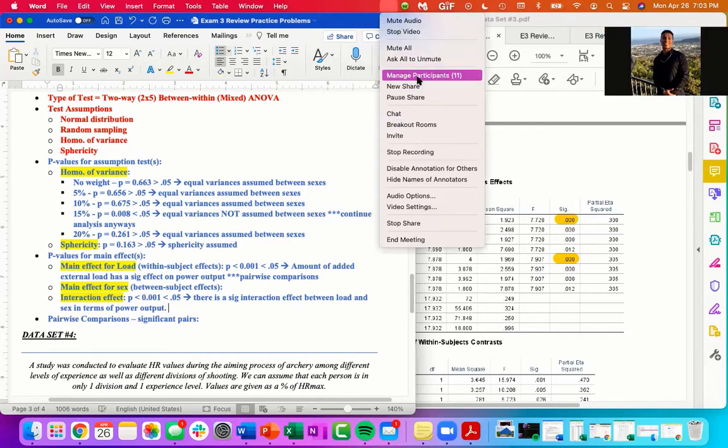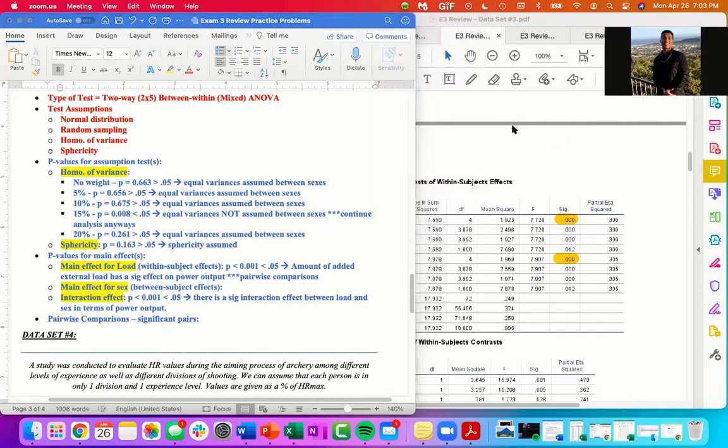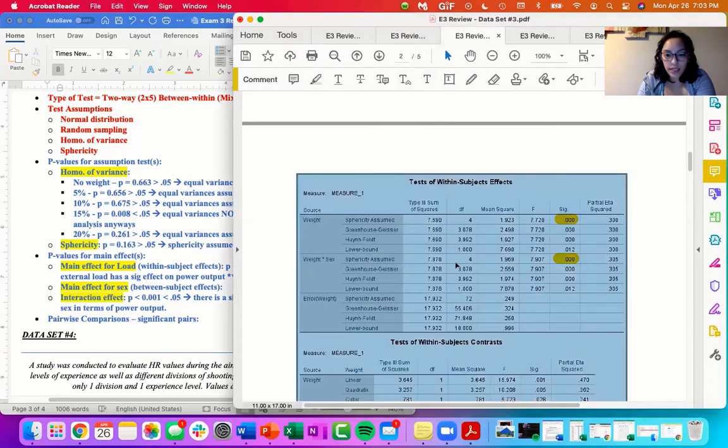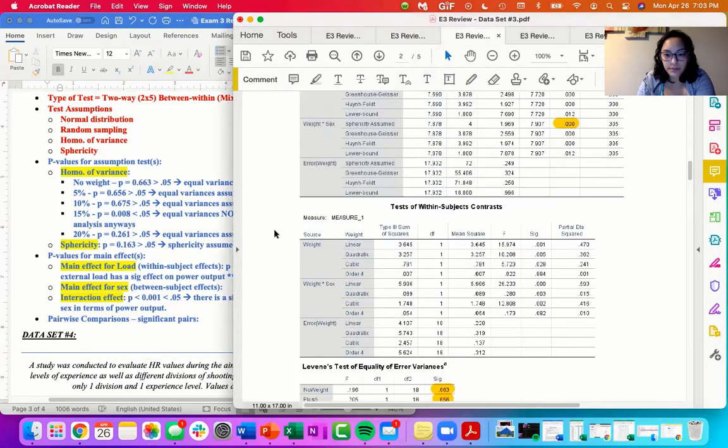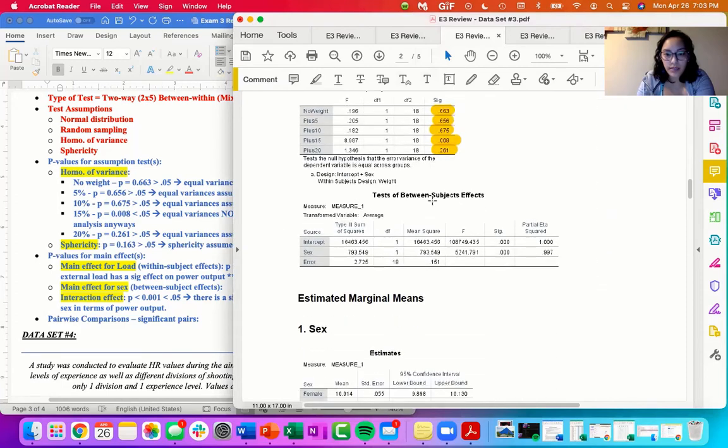Yeah, it does. Cool. Okay. So we've got two main effects down. We need our last one to look at the differences between males and females. So that will take us to our test of between subject effects. And what is the p-value for that?